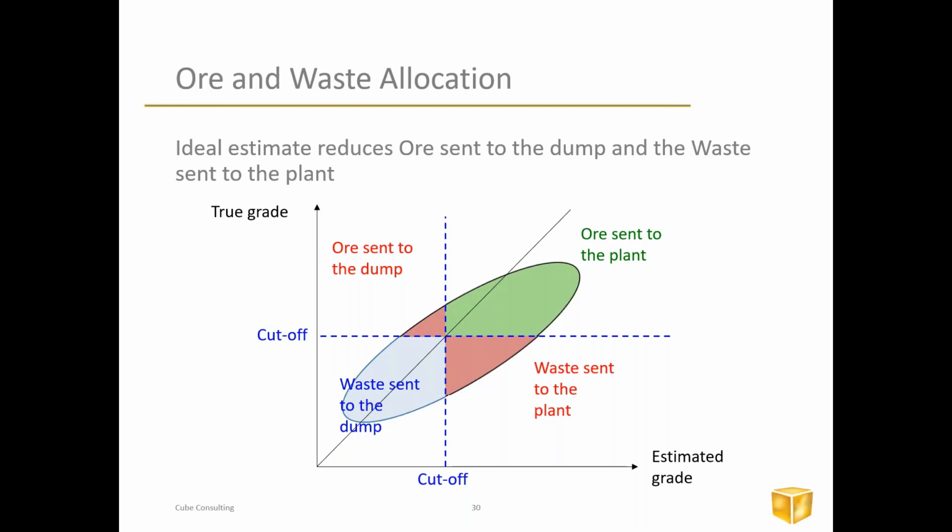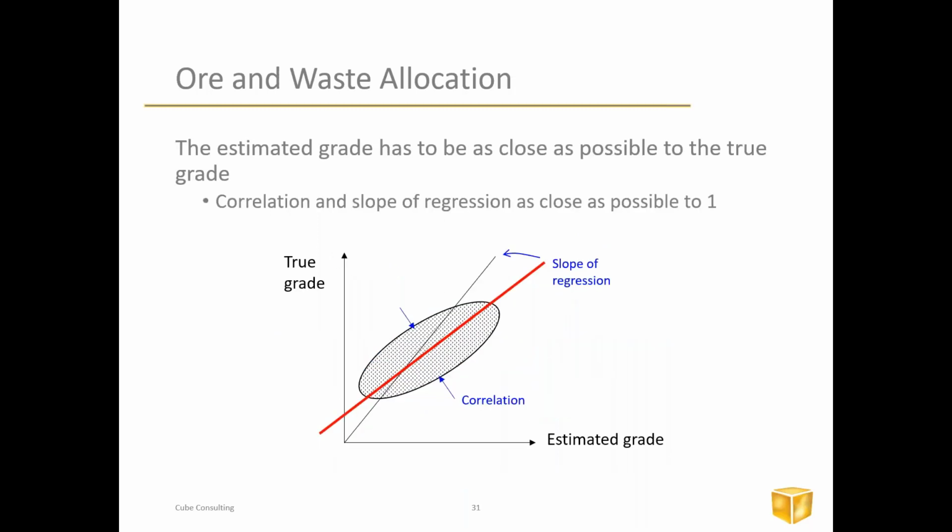So how are we going to do that? Well, to make sure we maximize the ore to the plant, the waste to the dump, and reduce the other two, we need that ellipse to be tilted. That means we need to have a slope of regression as close as possible to 1. And we want that ellipse to be as tight, as skinny as possible, which means a correlation as high as possible and as close as possible to 1.